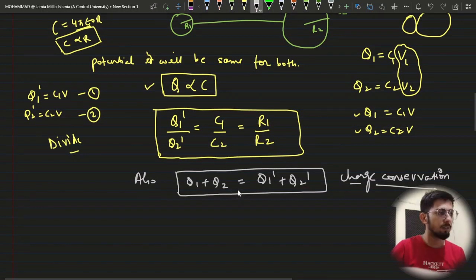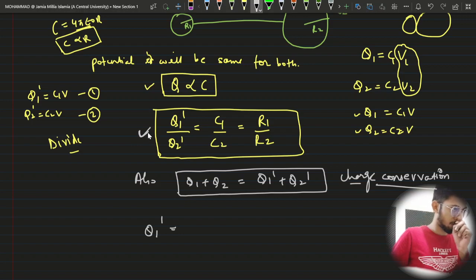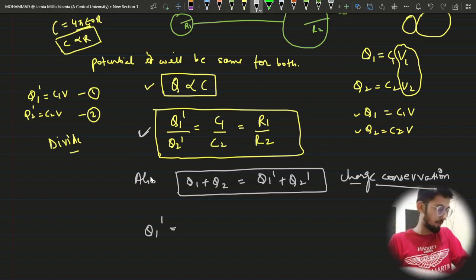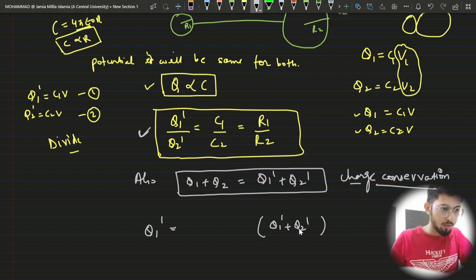Now if we want to find the individual charges, if you want to find Q1 dash, how can you find it from this expression? If you know some algebra, you may give me the answer directly. Q1 dash will be some fraction of Q1 dash plus Q2 dash.